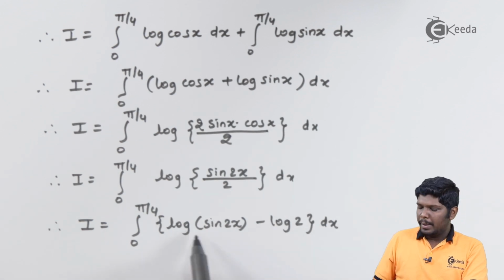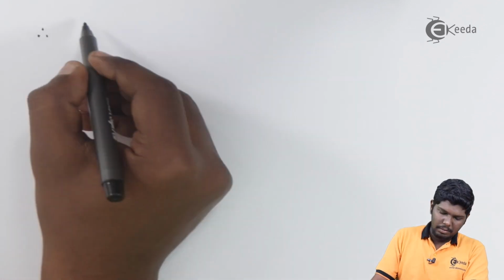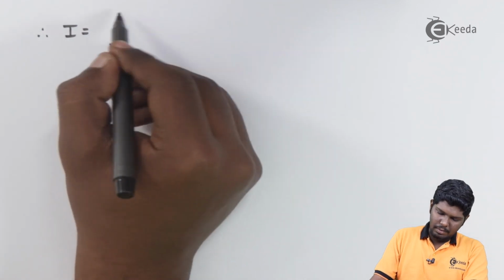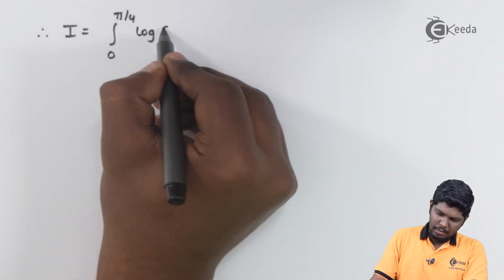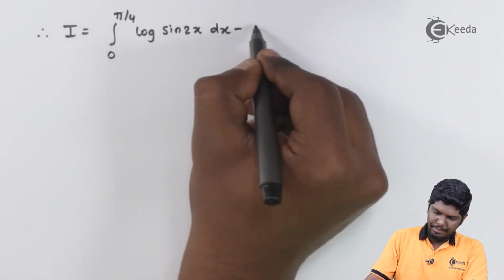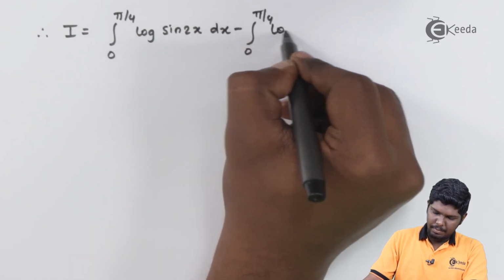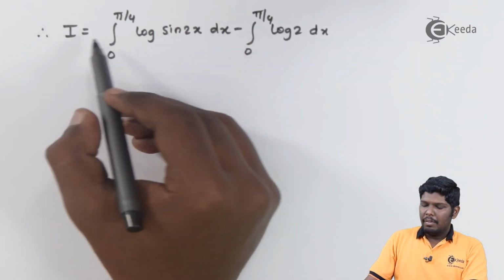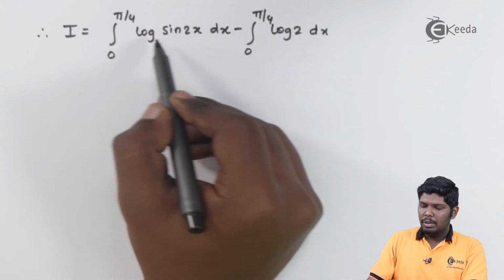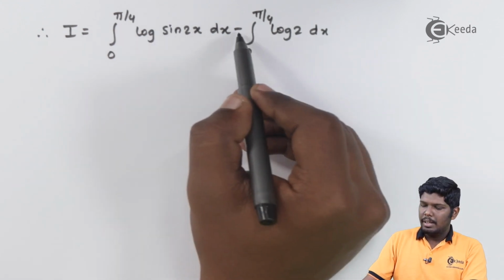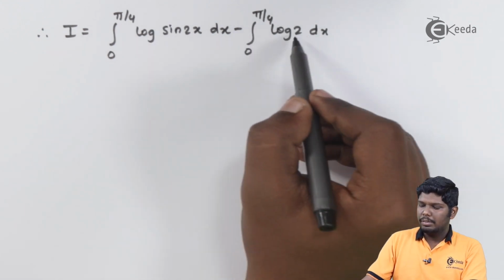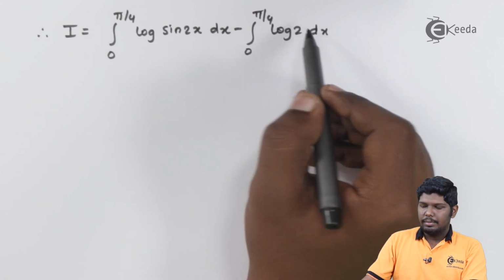After that, we can separate the integrals. We have I is equal to integral 0 to pi by 4 log of sin 2x dx minus integral 0 to pi by 4 log 2 dx.